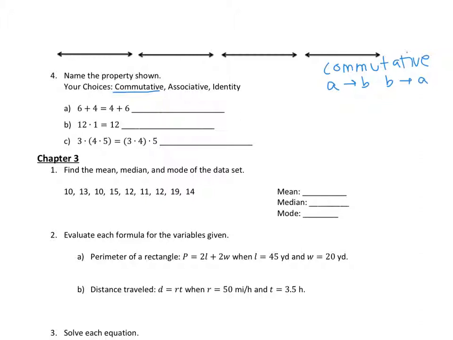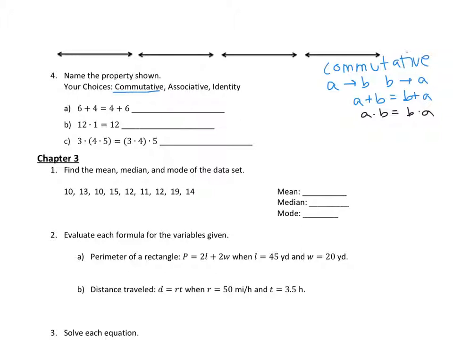So the commutative property would look like a + b = b + a. That's the commutative property of addition. The commutative property of multiplication is a × b = b × a. So you can change the order for adding and multiplying, but you cannot change the order for subtracting and dividing.